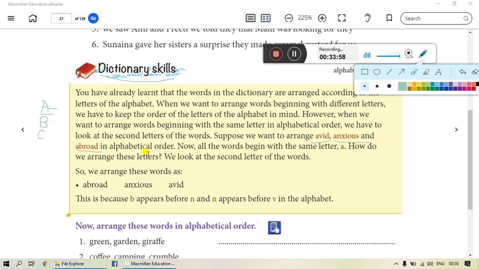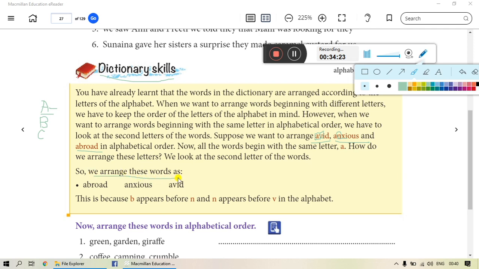How would you know what will come first and what will come second? For that you will not look at A, you will move on to the second letter, which is V, and in this the second letter is N, and if the second letter is also the same, you will move on to the third letter. Okay, so that's what is written in this box.